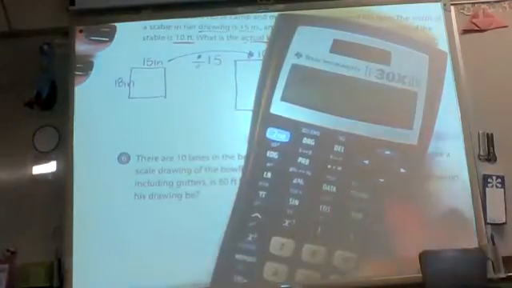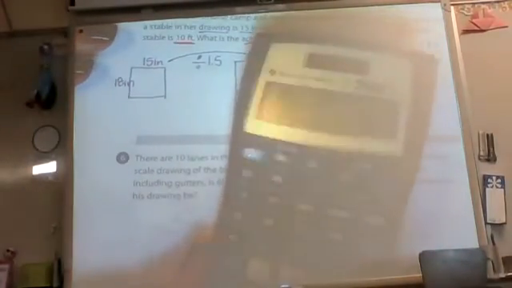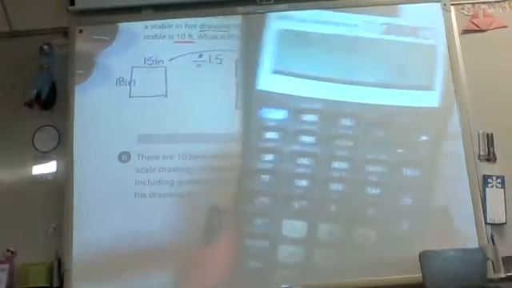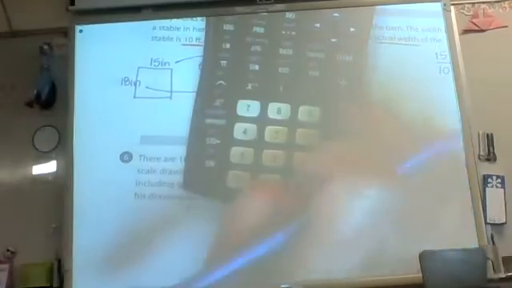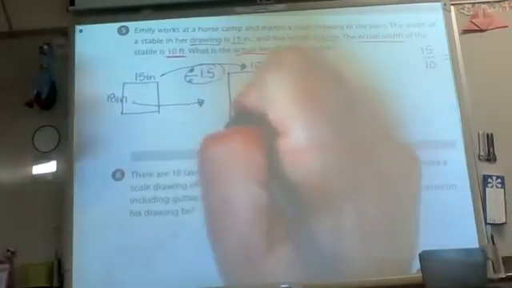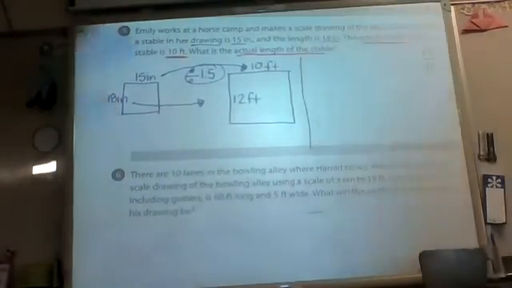Watch, if you take 15 and divide it by 1 5/10, what do we get? 10, right? So that is a way of finding a scale factor. We do the same thing to 18: we take 18 and divide it by 1 5/10, and we end up getting 12 feet. So that was one method.